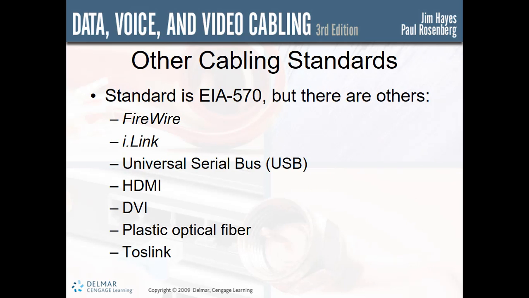Other cabling standards that we have to talk about would be FireWire or iLink, which are trademarks of Apple and Sony. It gives us the ability to transfer a lot of signal, up to 400 megabits per second. It does this for both audio and video. We also need to talk about USB, which is occasionally mentioned as a networking technology to be used in homes.